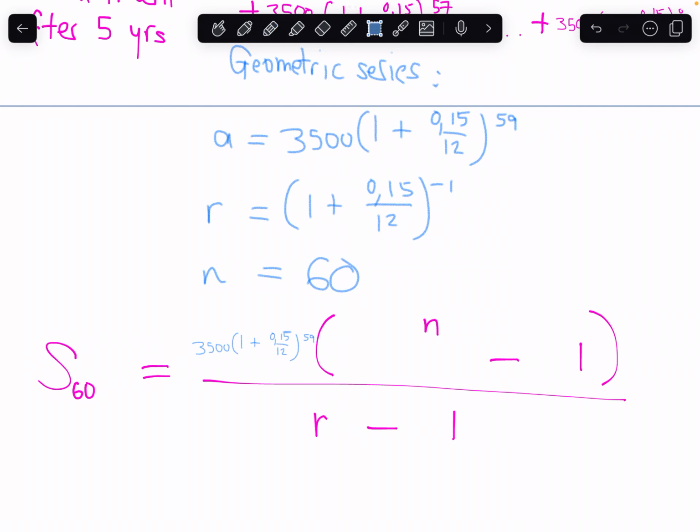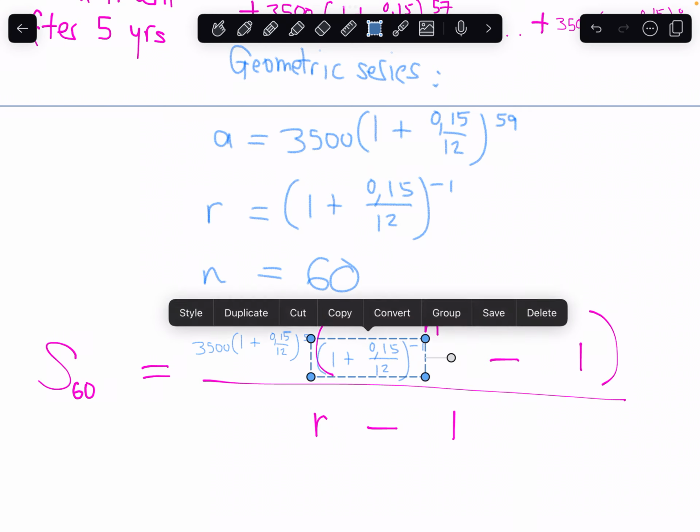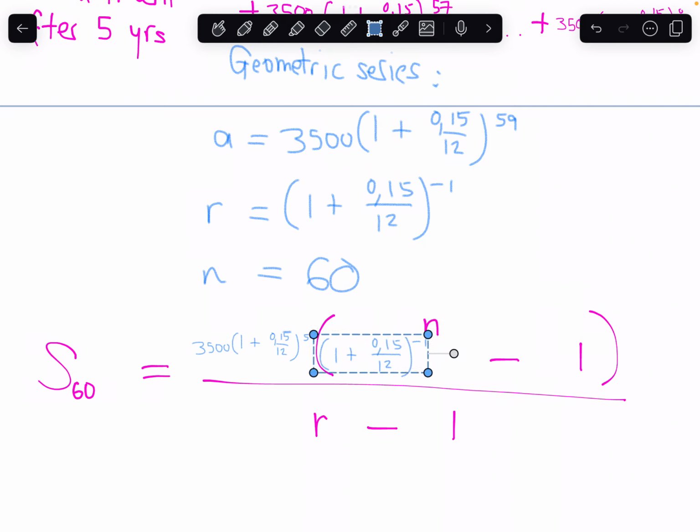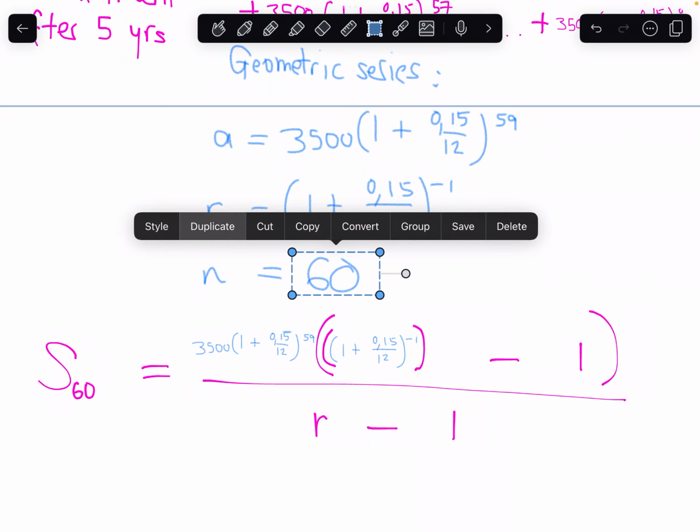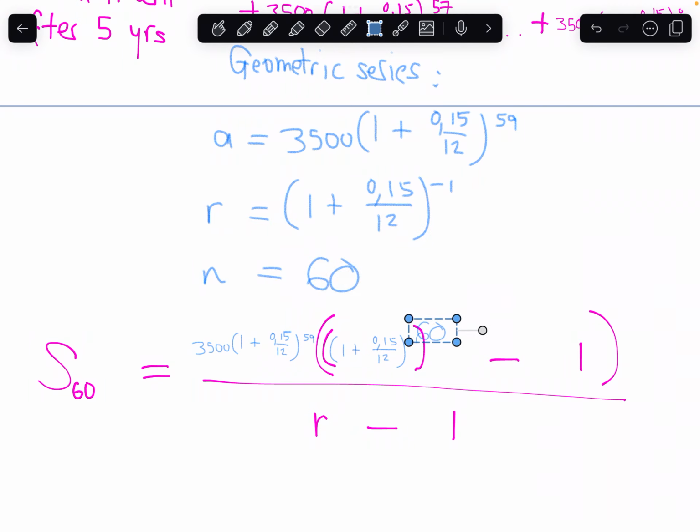And then our r is this, and that is being raised to the power of n, which is 60. Then in the denominator we have r minus 1, which is just this guy again.